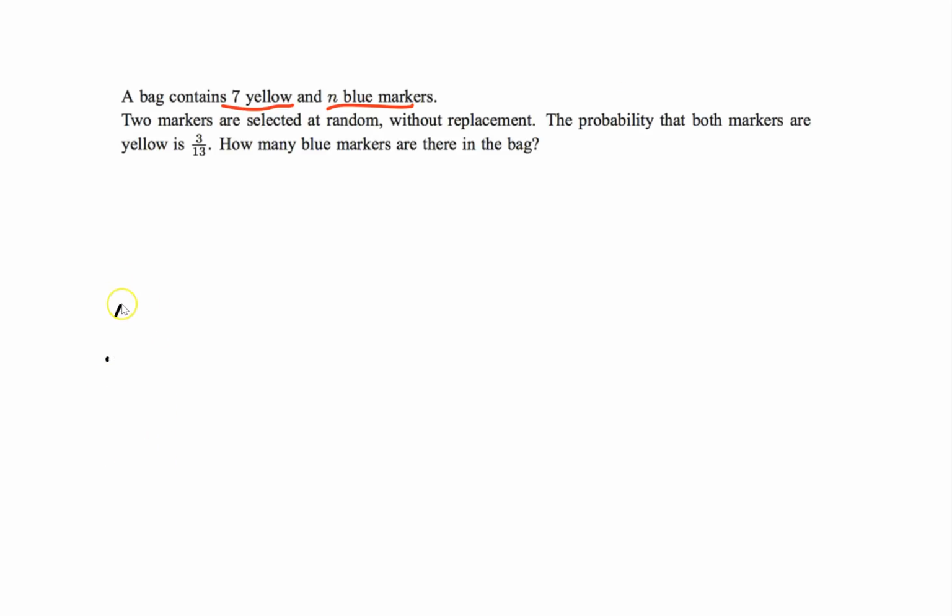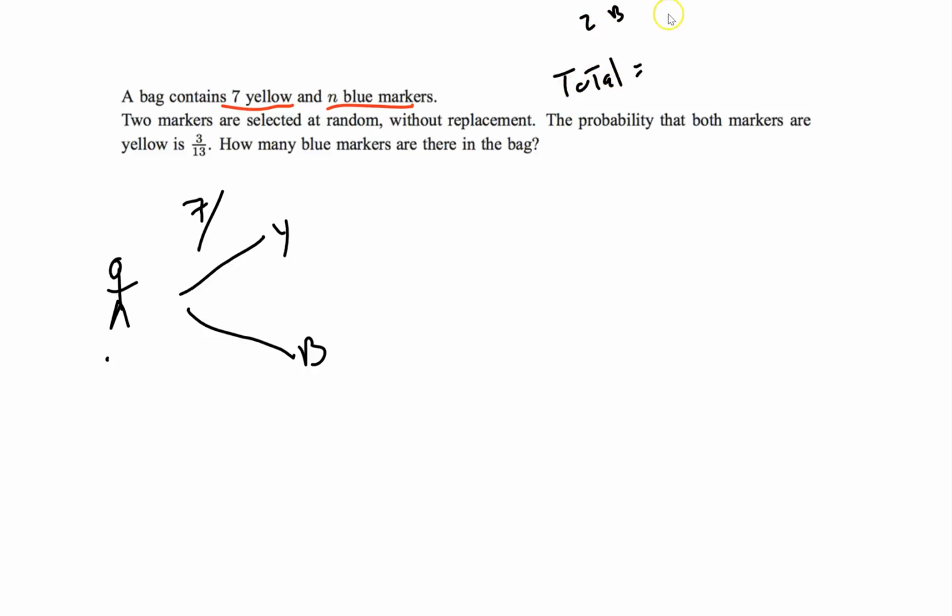Here's us. We're drawing markers from a bag, and you can either go yellow or blue. Now yellow is 7 over, and here's the hard thing, we gotta think of the total. If I said you had 2 blue and 3 red, the total is easy, that's 5. You add them up.